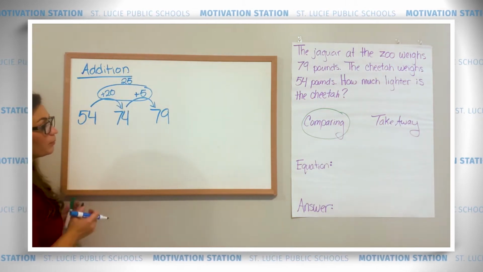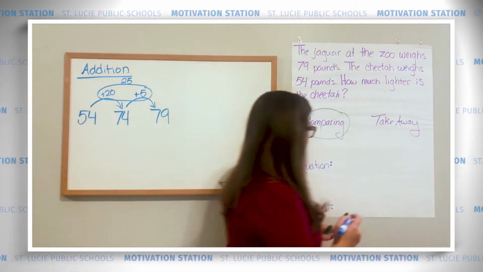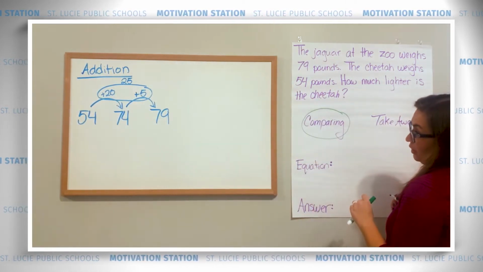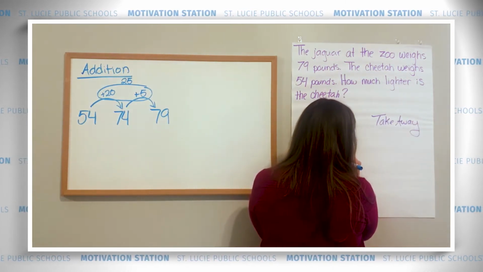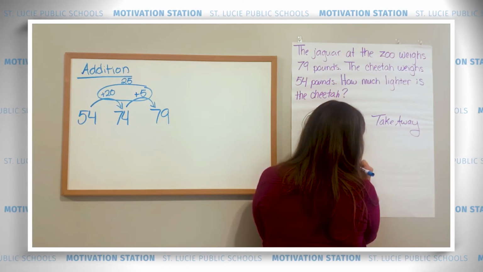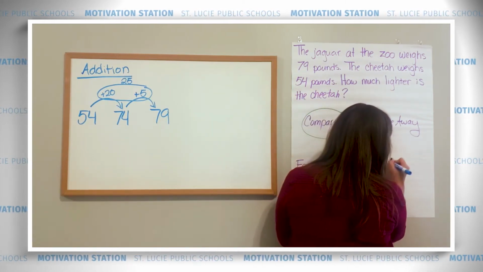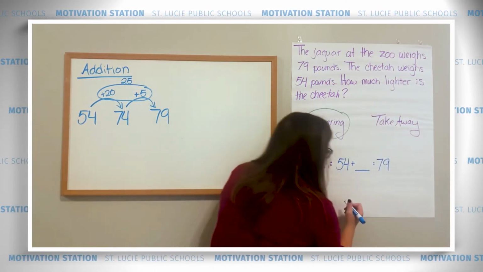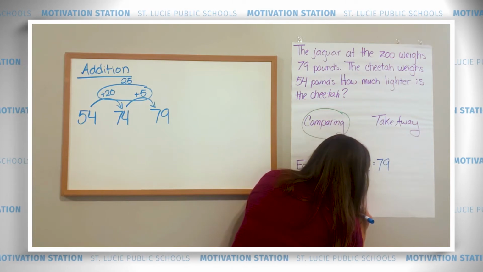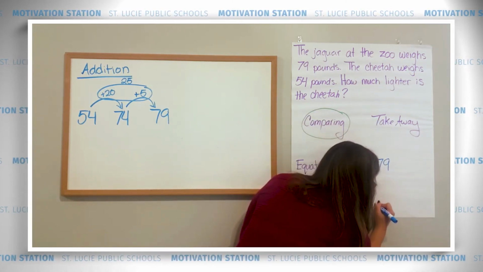Now, I can represent the addition equation like this. My addition equation would be 54 plus what number equals 79? In that case, my answer is 25. And this is all pounds, so we can write the word pounds if we want to.